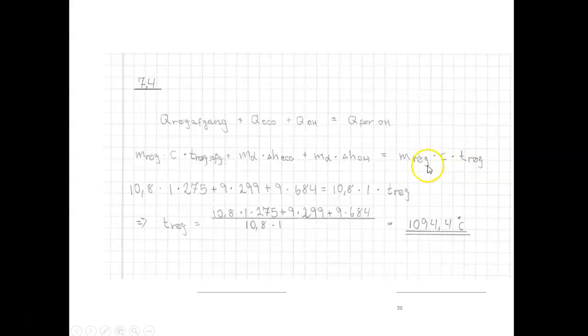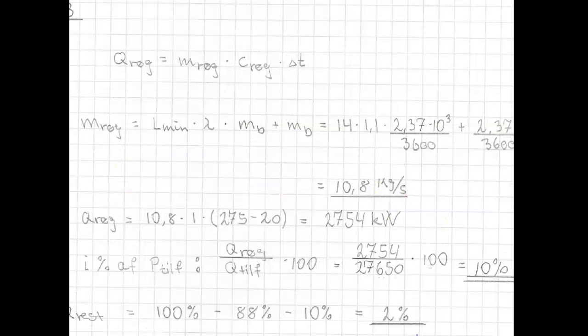That is equal to the mass of smoke times the specific heat capacity times the temperature of the smoke. And you put in some values, and then you get this. Okay.